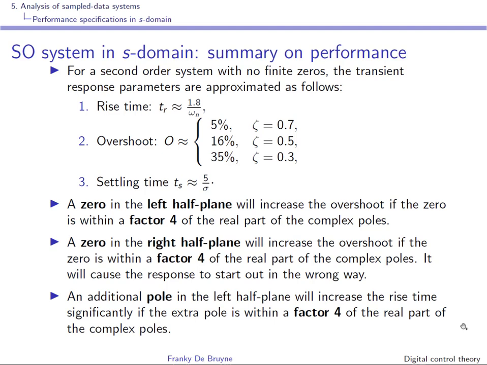An additional pole in the left half plane will increase the rise time significantly if this pole is within a factor 4 of the real part of the complex poles.